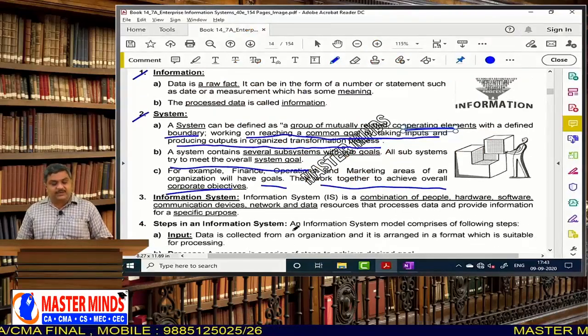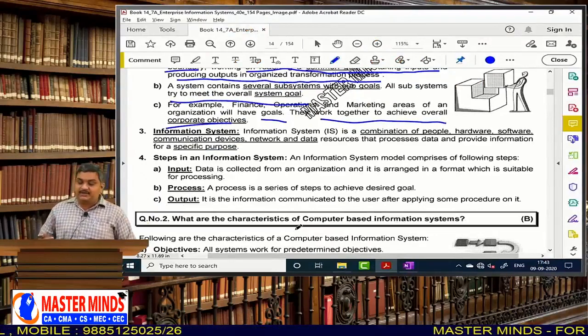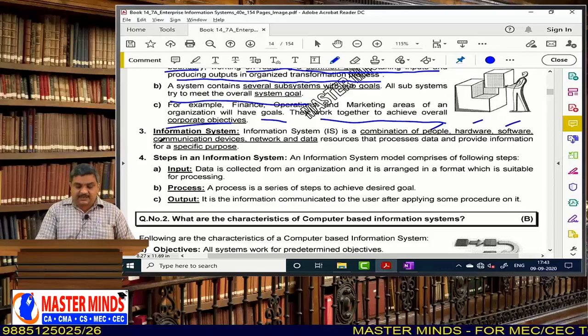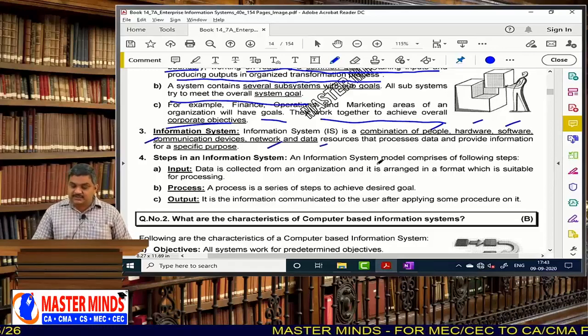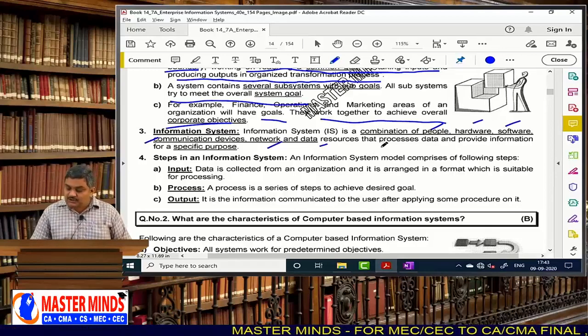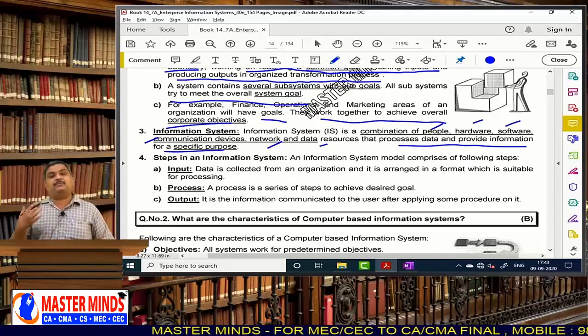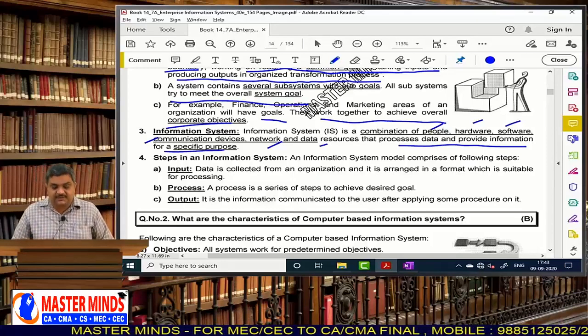And now let us see what is an information system. Information system is a combination of people, hardware, software, communication devices, network, and data resources that processes data and provides information for a specific purpose. That is what you need to understand about information system.